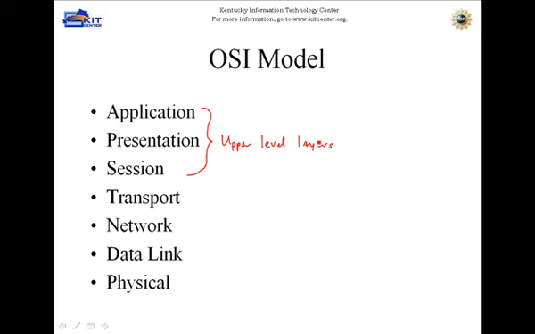What I'm interested in starts down with the transport layer. This is the realm of TCP and the User Datagram Protocol, which is simpler but nonetheless still very important. The network layer is the realm of IP, the Internet Protocol.